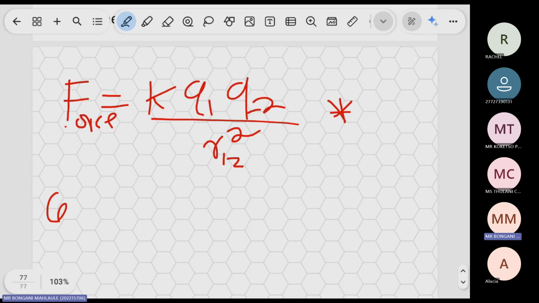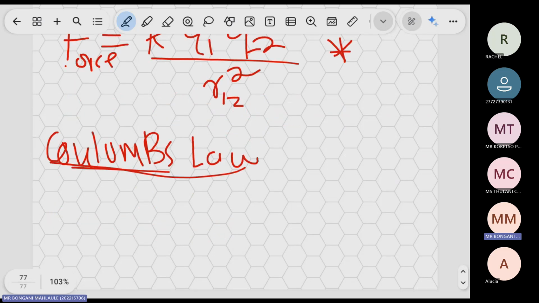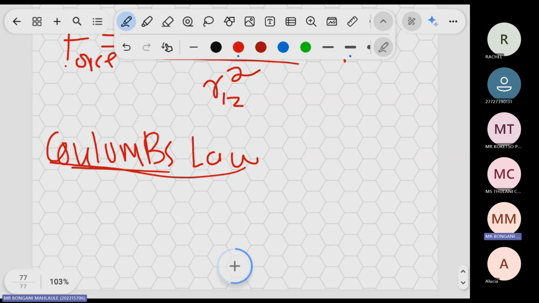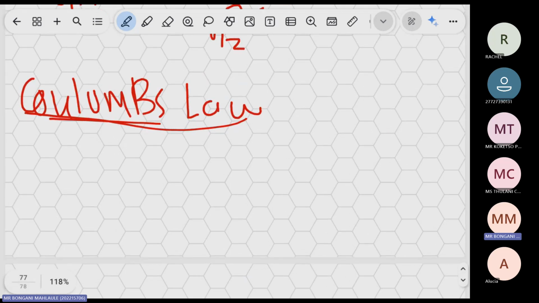So another important thing is for you guys to know what Coulomb's law is, knowing how to state it. So let me just write it here. This is important. They can ask you this one in the exam. State Coulomb's law.